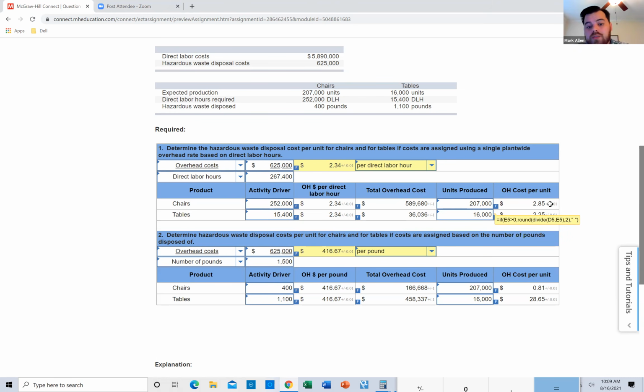And you say, well, maybe that seems fair, right? But if we actually look at what's creating the hazardous waste, it's not really the chairs. Sure, they're creating a little bit of the hazardous waste, but they're not creating the majority of it. They're certainly not creating more than 90% of the hazardous waste.